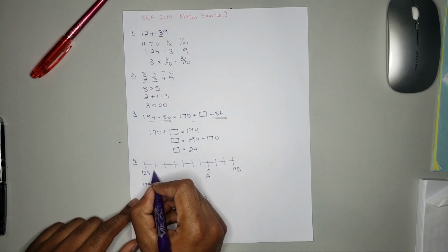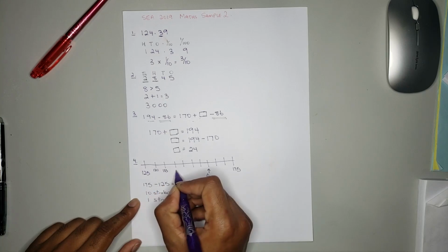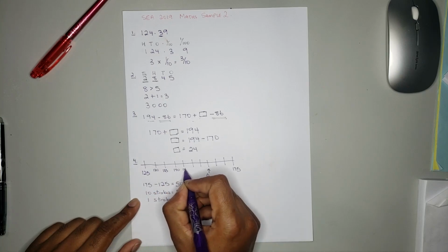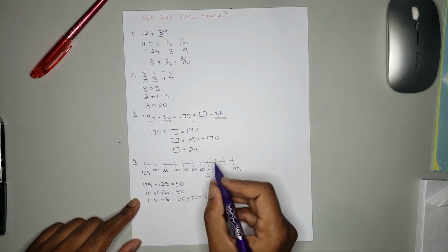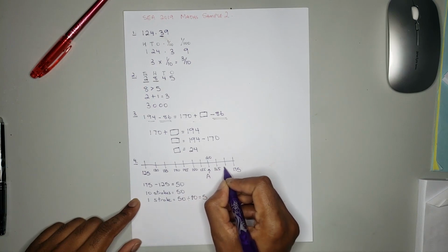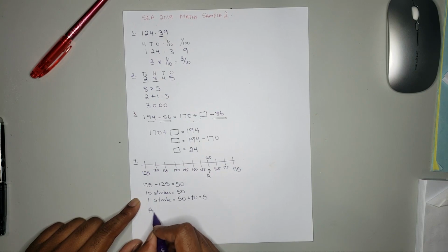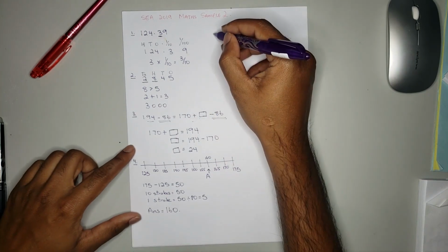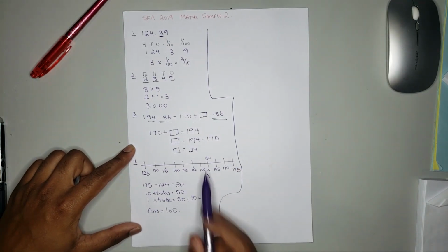So 125 plus 5 is 130, then 135, 140, 145, 150, 155, 160, 165, 170, and then 175. A will be pointing at 160. Alright, so there's the answer for number 4, 160.